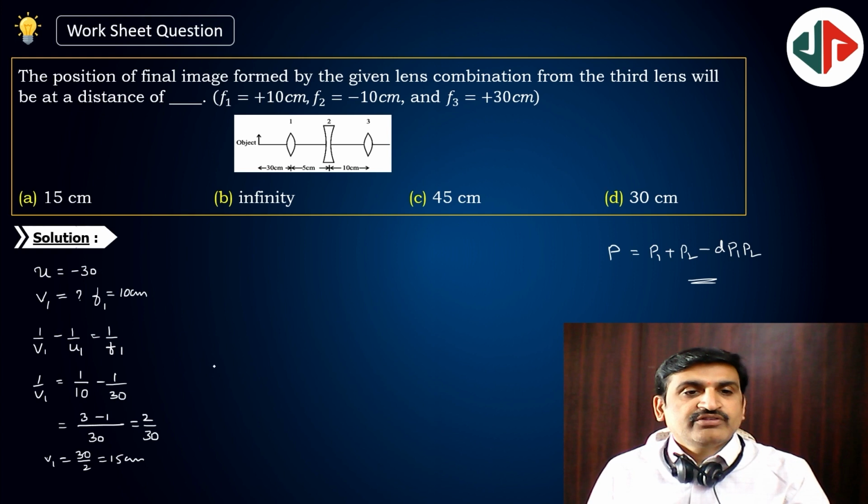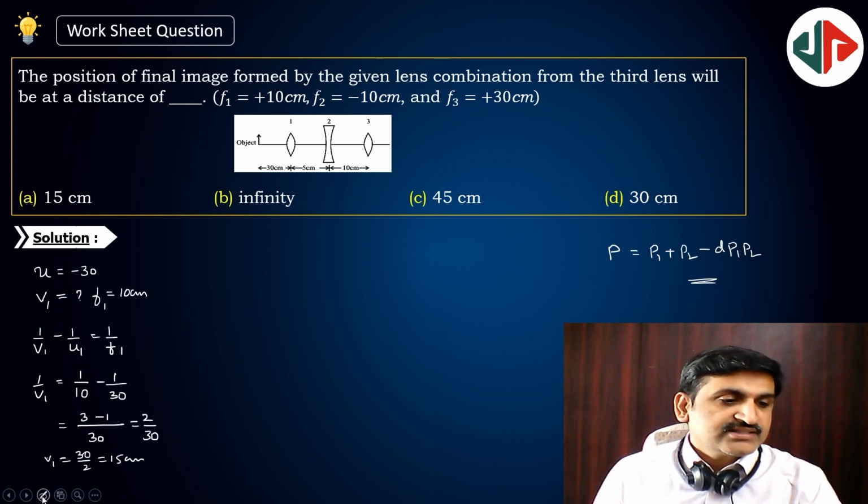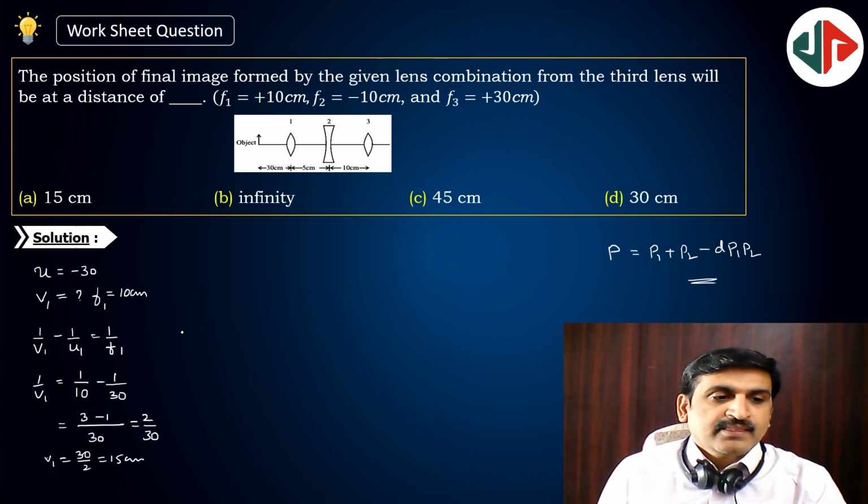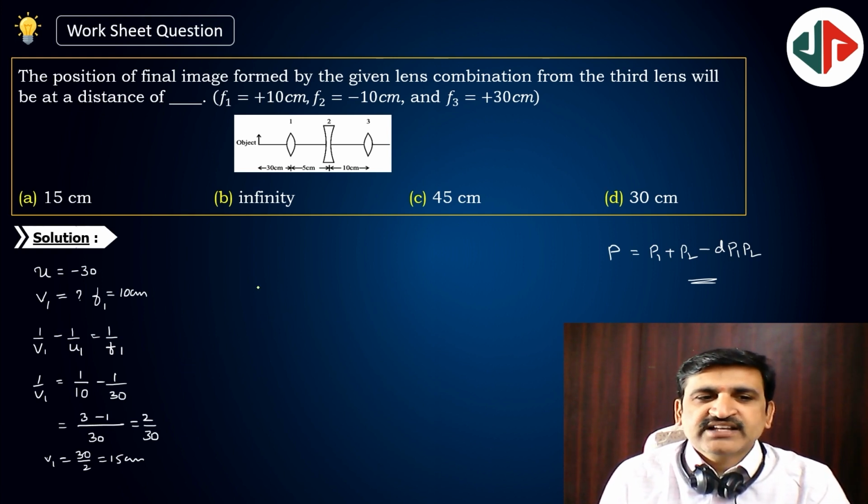Now we need to go for the second lens. The story is, see, the first lens is forming an image 15 centimeter from it, but within 5 centimeters only the second lens is there. So object distance for the second lens is equal to 15 minus 5 is equal to plus 10 centimeter. And V2 is the question mark and F2 he has given as minus 10 centimeter.